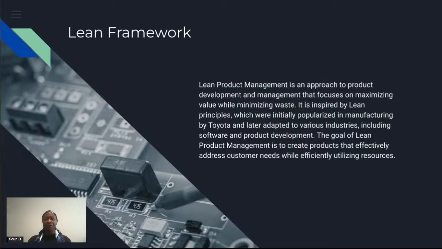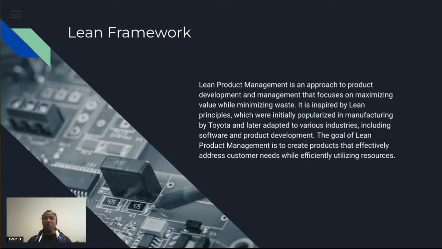So basically, the Lean framework is something that has been around for a very long time. Toyota has used it. One great thing about life is that there's nothing necessarily new. We always just find ways to improve things. So Lean was being used in manufacturing, where they were trying to make the best out of the resources that they have and reduce waste.